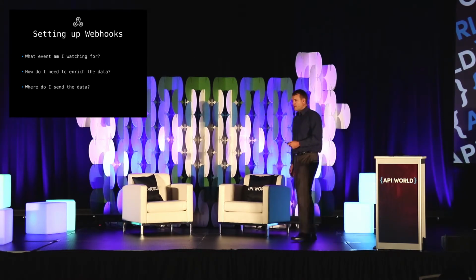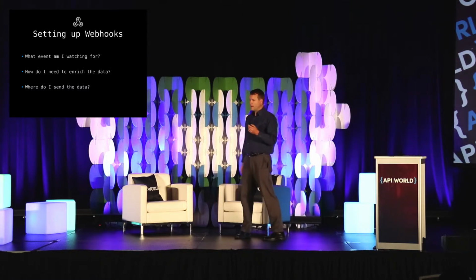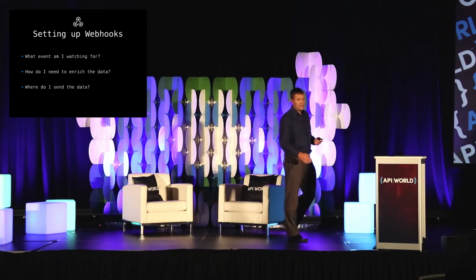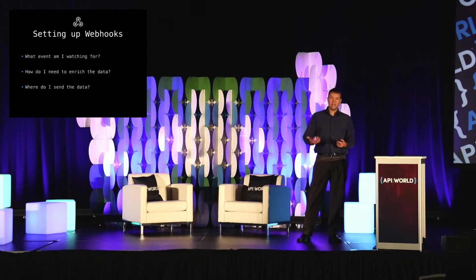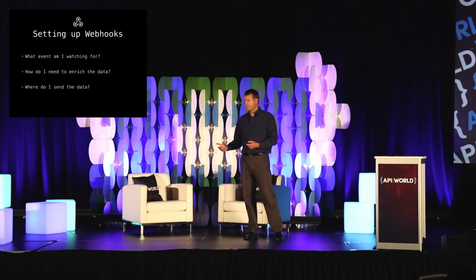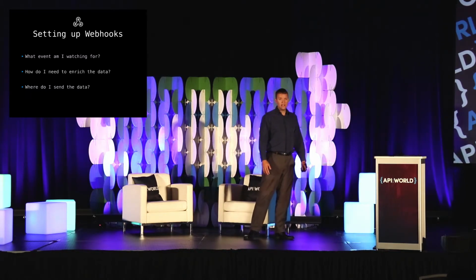So setting up a webhook is pretty straightforward. You're really thinking about a few key things. Which event are you looking for? And then even past that, the details of that event might be the individual user, or in a B2B case, which of your client data that's coming from. And then you might also want to decide to enrich that data.